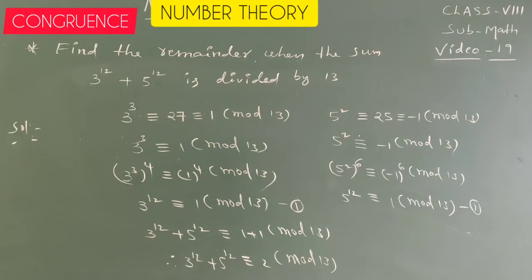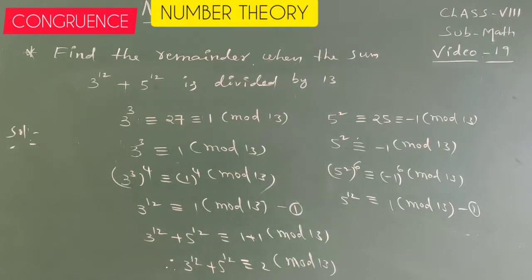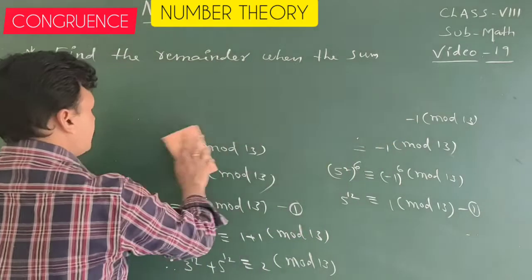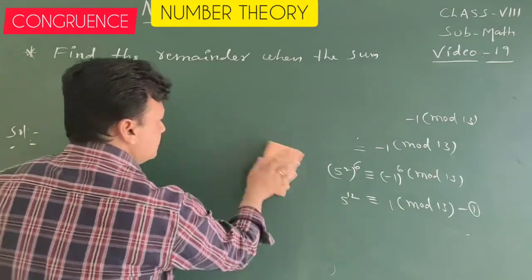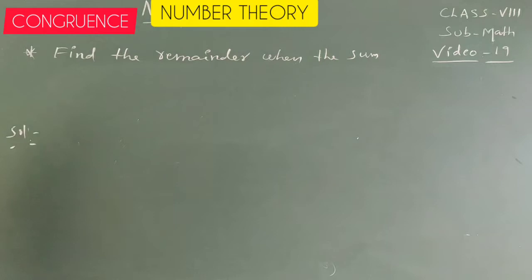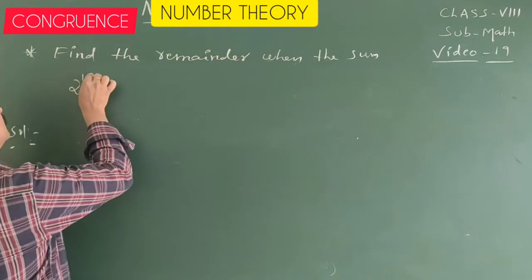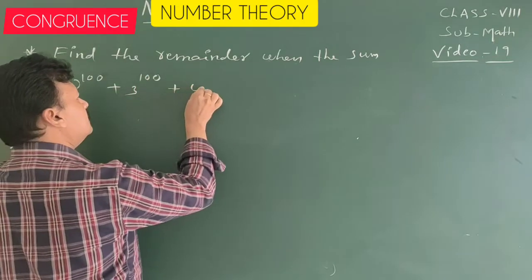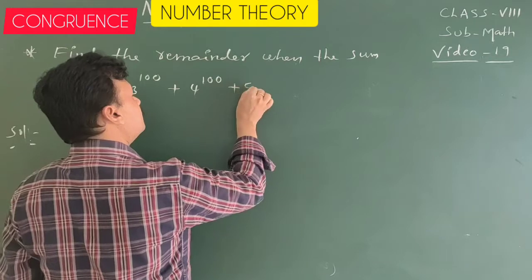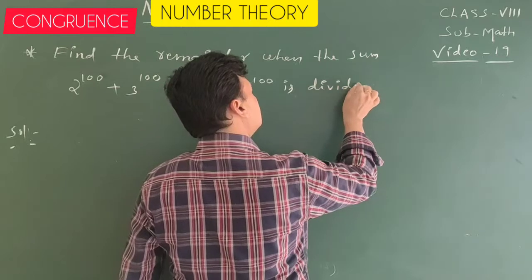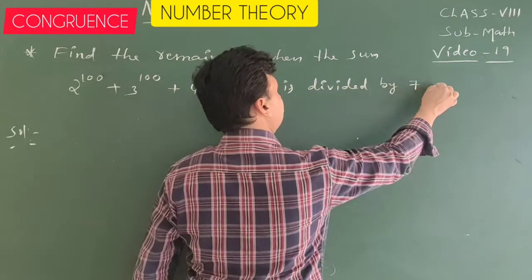Next, the last one. Find the remainder when the sum 2 power 100 plus 3 power 100 plus 4 power 100 plus 5 power 100 is divided by 7.